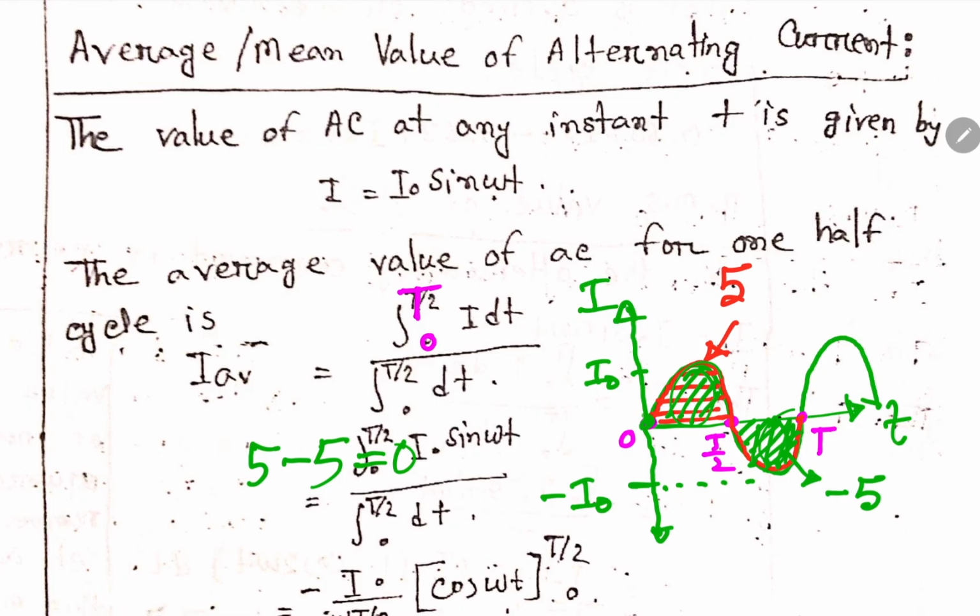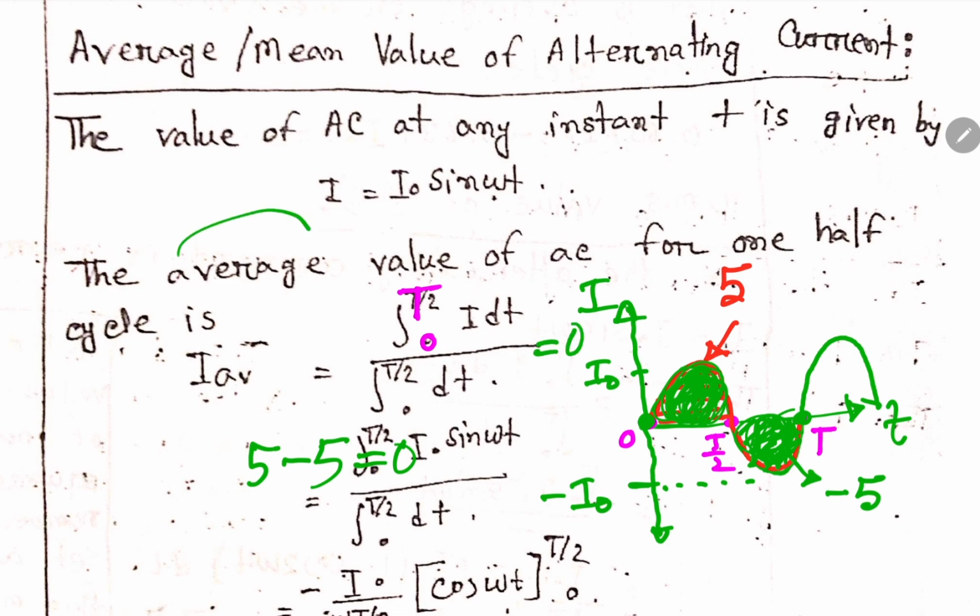If you integrate from 0 to T, because of the symmetry, this plus half is symmetric with this minus half. This half cycle is symmetric with the other half cycle. As they are symmetric and opposite, they are anti-symmetric. That's why together, if you integrate from 0 to T, you will get the result to be 0, and that is not helpful.